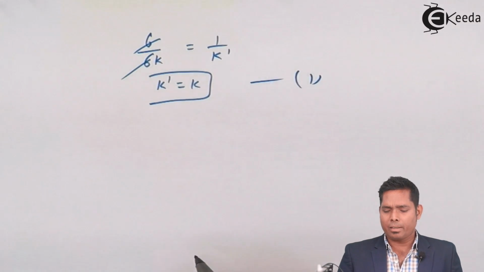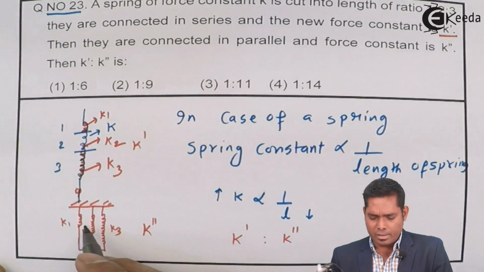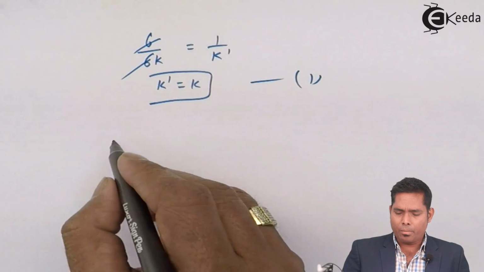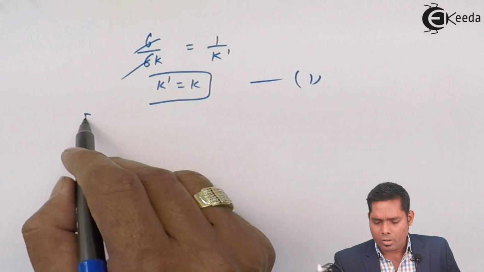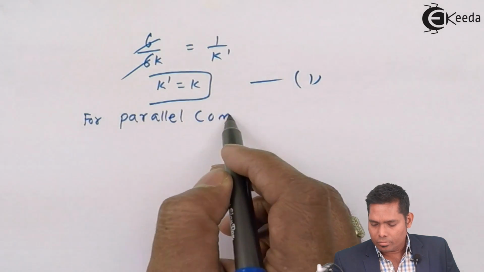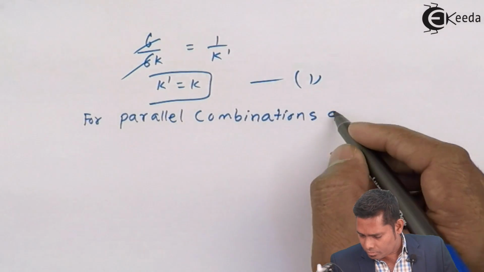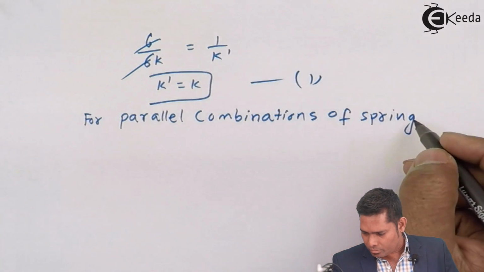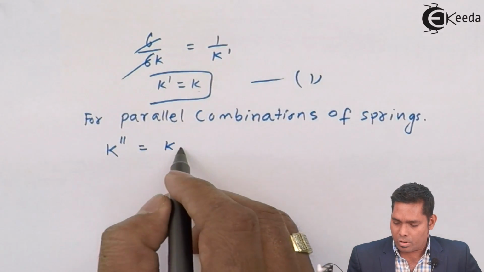Then I move to the parallel combination. When these springs are connected like this, what will be K double prime? In a parallel combination of springs, K effective is equal to the sum.